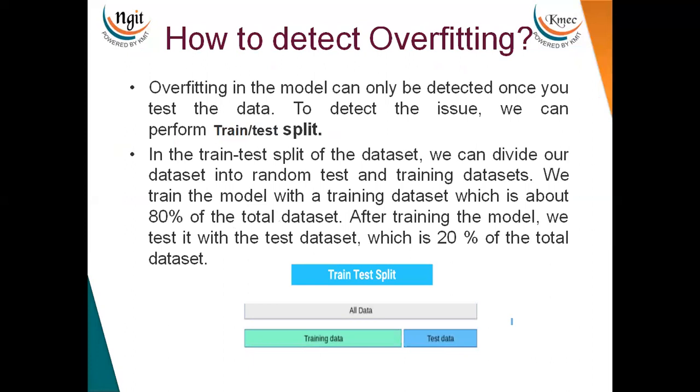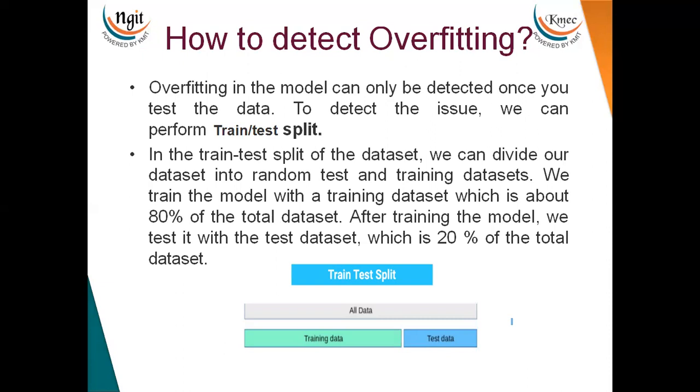Now, how can we find out overfitting? Actually, if we have a data set and we are only training our model with the available data set and we are not making it ready for the testing part, then your model will never work well for the unseen data.